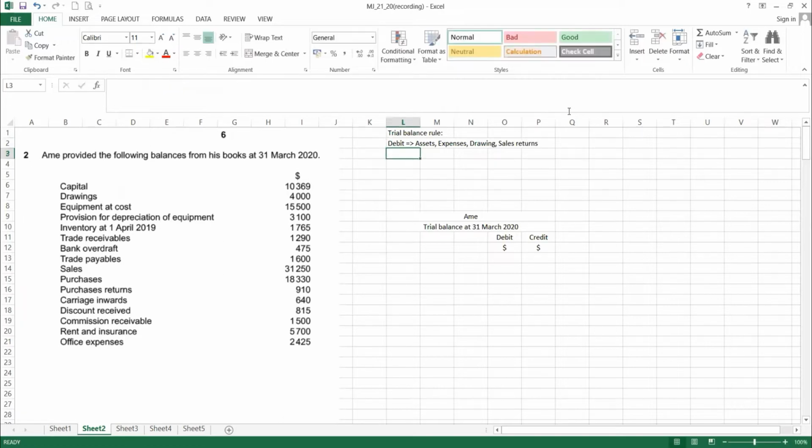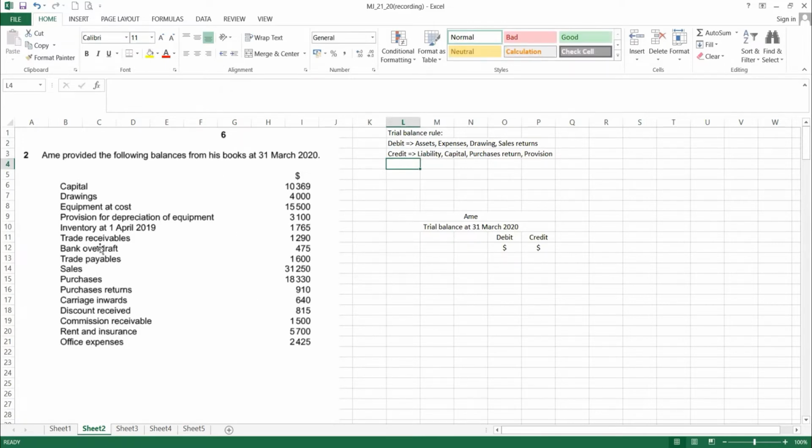There's some general idea about the trial balance. In the credit, you have liability, capital, and what else? Purchases return, and then provision account. So this is the general idea about the trial balance rule.